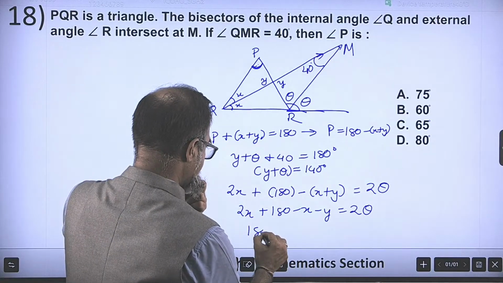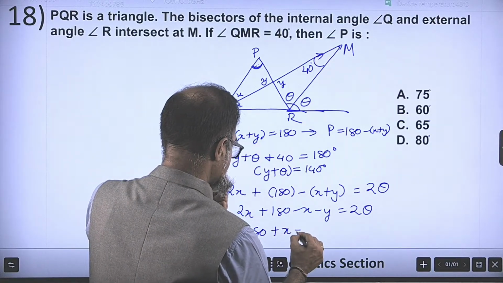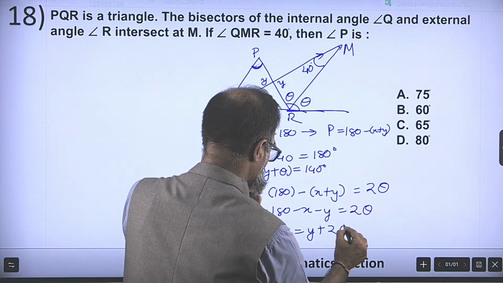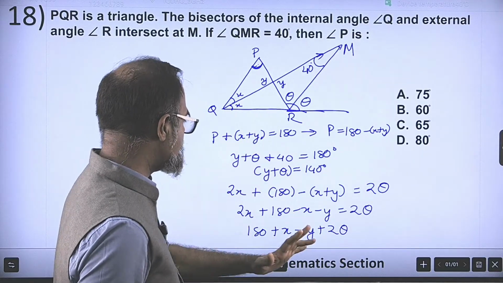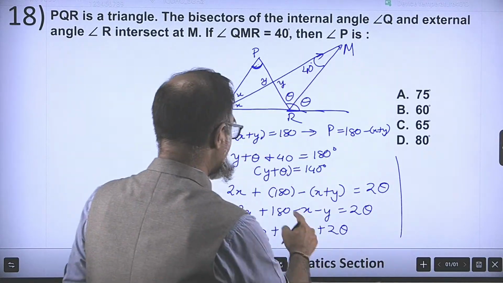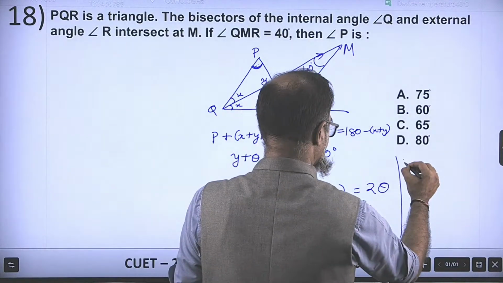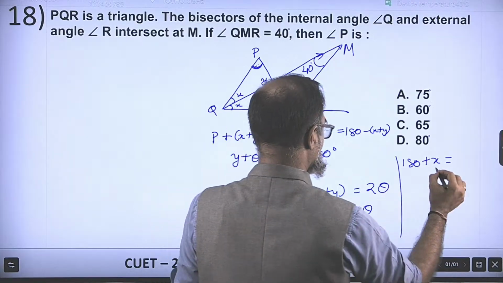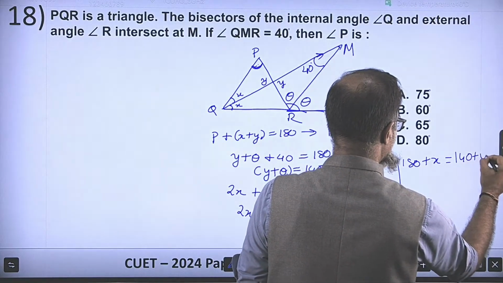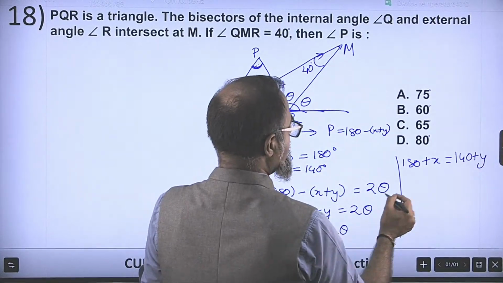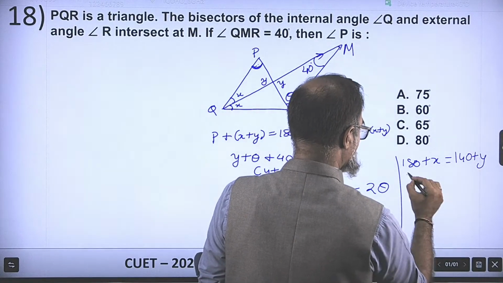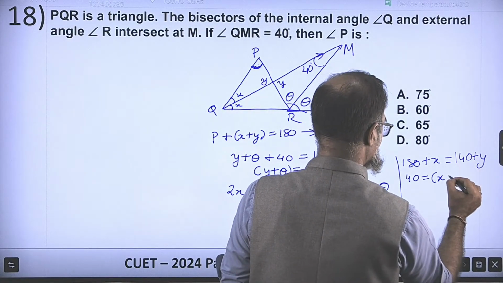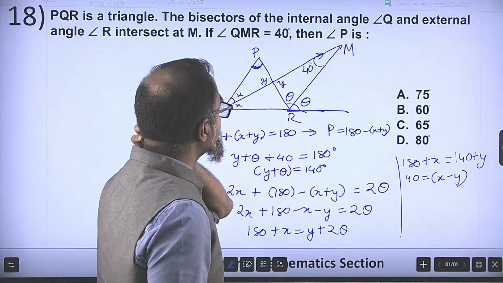So 180 plus x is equal to y plus 2 theta. Okay. Y plus theta is 140. Great. So y plus theta I can replace and get 180 plus x is 140 plus y. Okay. So I get 180 minus 140, 40 is equal to x minus y.